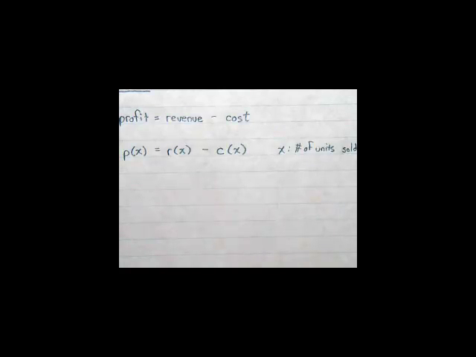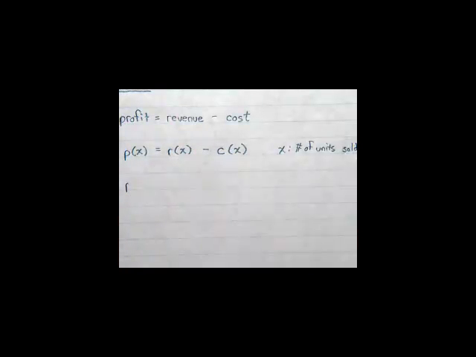Now, in econ, when they talk about marginal revenue and cost, a marginal is the rate of change of your production. Okay? Or the rate of change in the amount of money that you get or amount of money it's costing you, which is essentially just a derivative of revenue or cost.